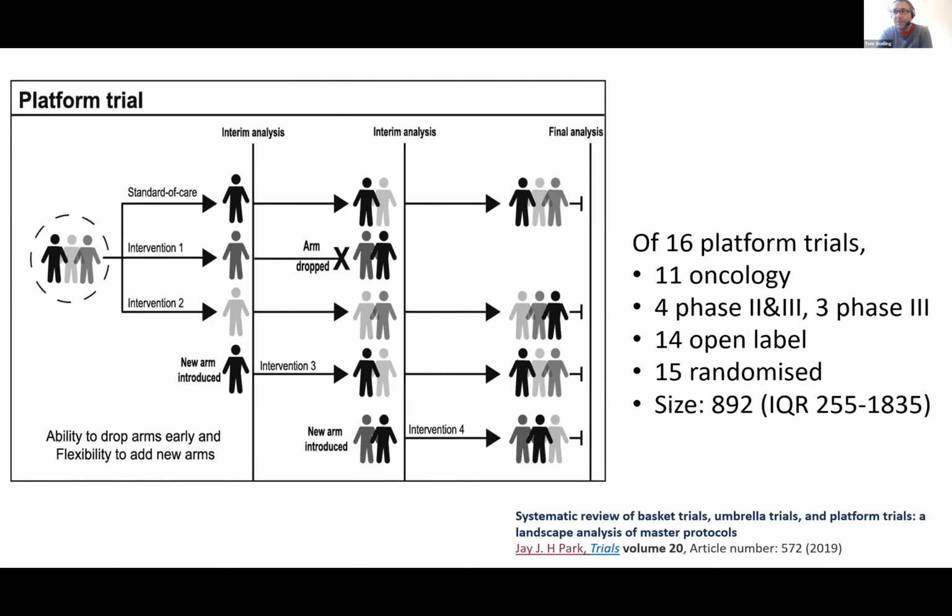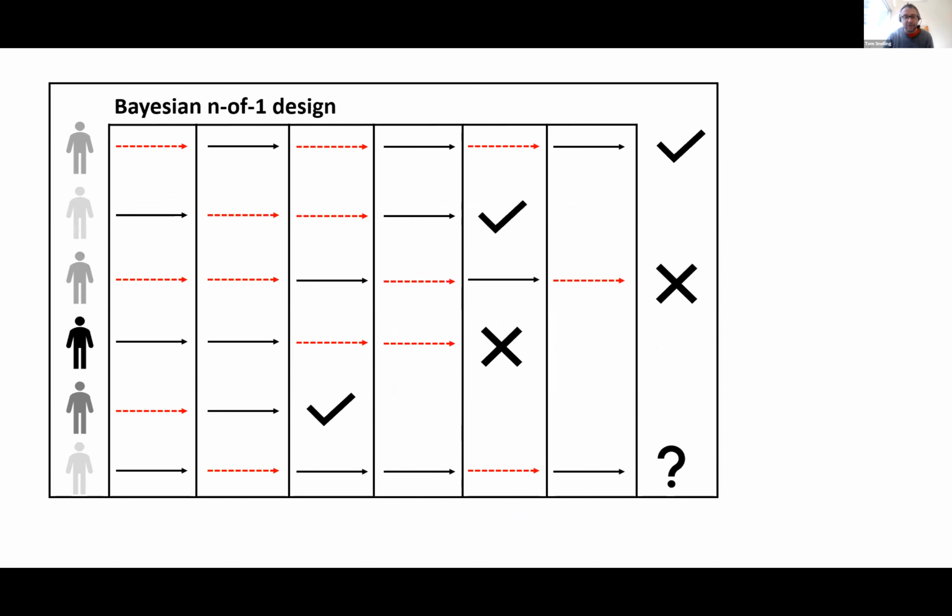And so these platform trials tend to be larger trials and enroll large numbers of participants, and actually enrolling several thousand or more participants is not uncommon now for these platform designs.